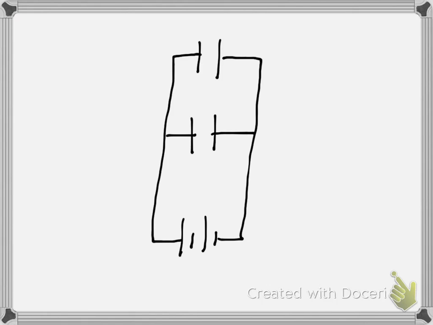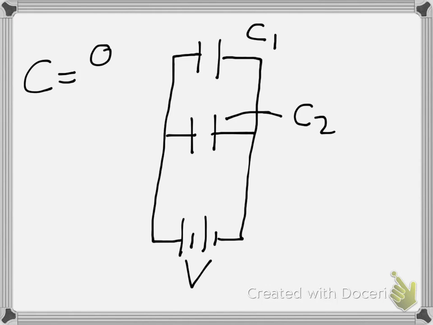Alright, so we'll call this capacitor C1, this capacitor will be C2, and our battery is going to have a voltage V. Now recall that C equals Q over V. So the voltage across C2 is going to be V, and the voltage across C1 is also going to be V. So the V's are going to stay constant in this case.